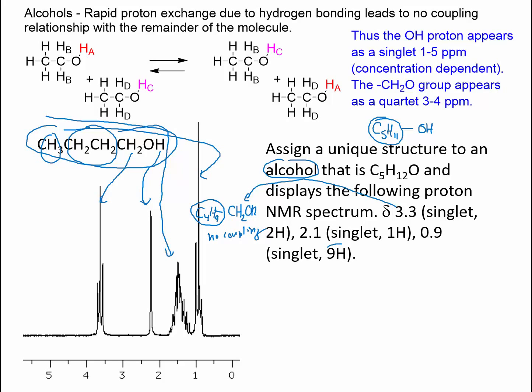All right, we also have a 9 hydrogen singlet, and the only way you can really get this is to have 3 methyl groups that are perfectly equivalent to each other. So that's our structure right there. Okay, this is the only structure that would fit this. This is called neopentyl alcohol.